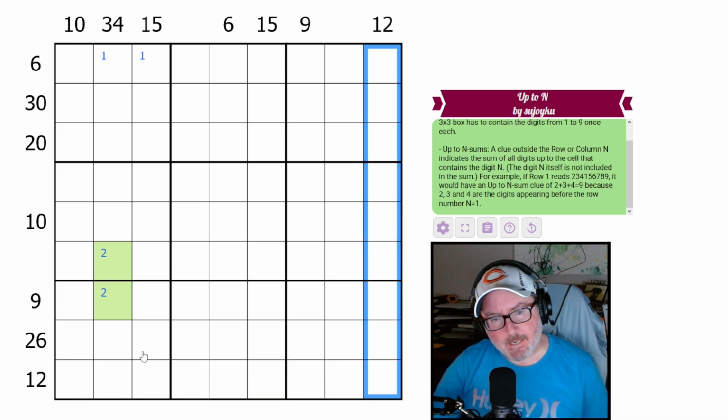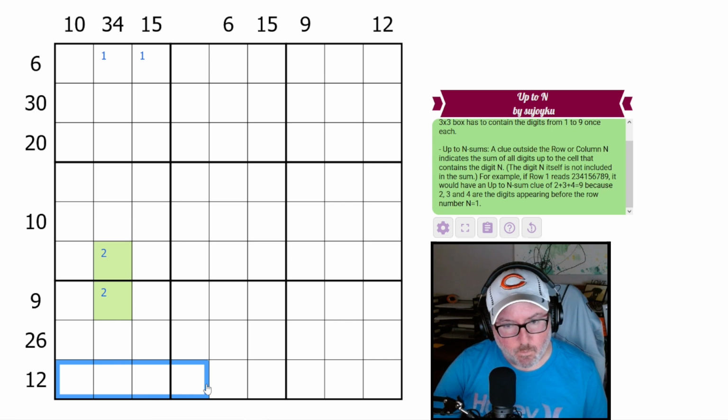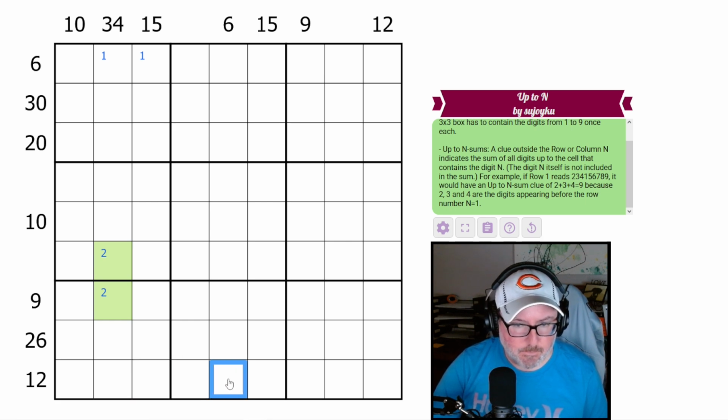Let's go back to thinking about where can 9s go. At most, this is the furthest down the line that the 9 can go from the 12 perspective.